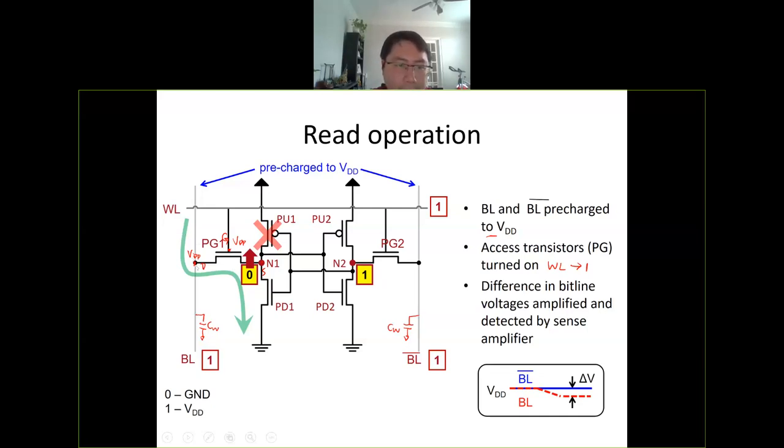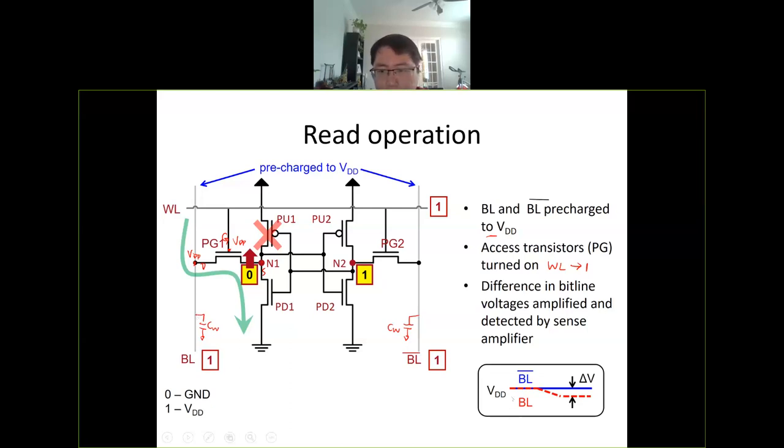So you will have current flow in this way. So this current must sink to the ground. So this current will go through the PD1 to the ground. So you see this green arrow. This is the current flow in this case. So if you have current flow from the bit line to the ground, the bit line is like a cap. That means you are going to discharge this cap. That means initially, if the voltage is VDD, over time, this voltage will decay.